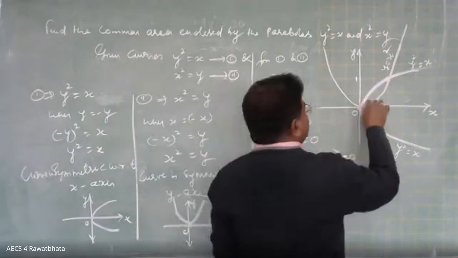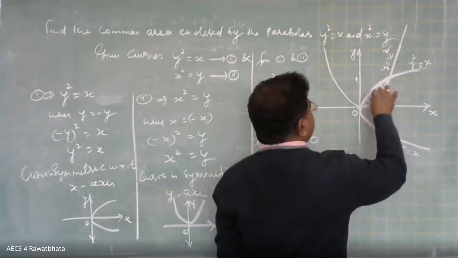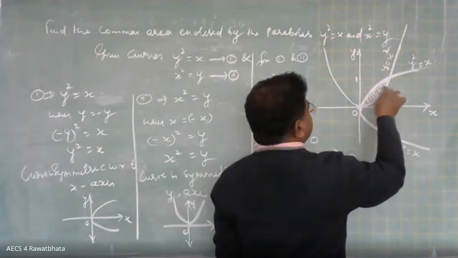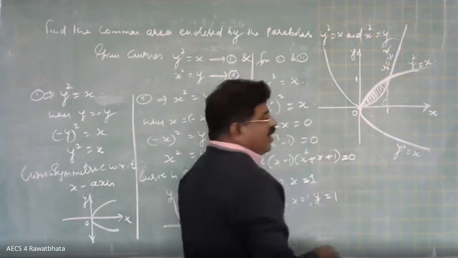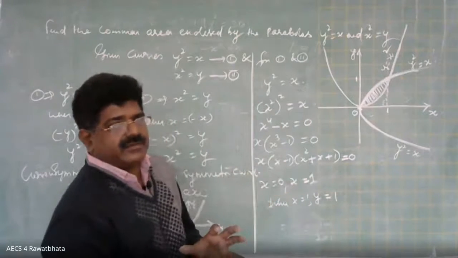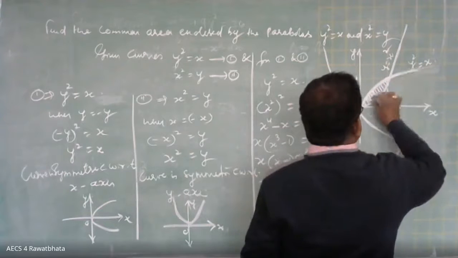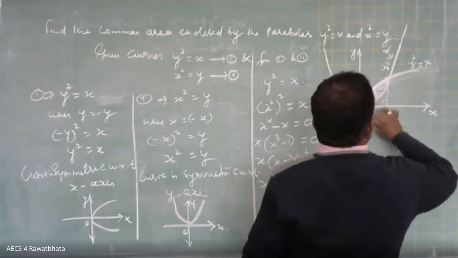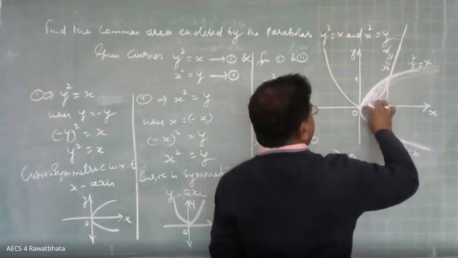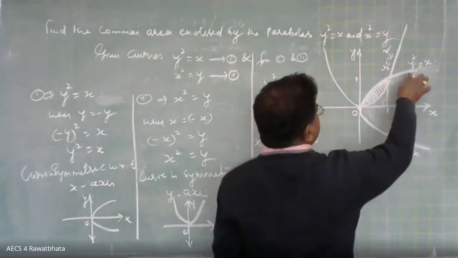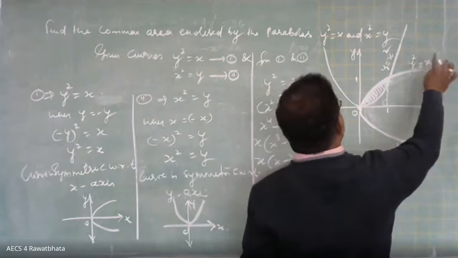So the common region is this. Here, draw the perpendicular. Now, how to classify the area? First, you see, this portion is made by the curve y squared is equal to x.